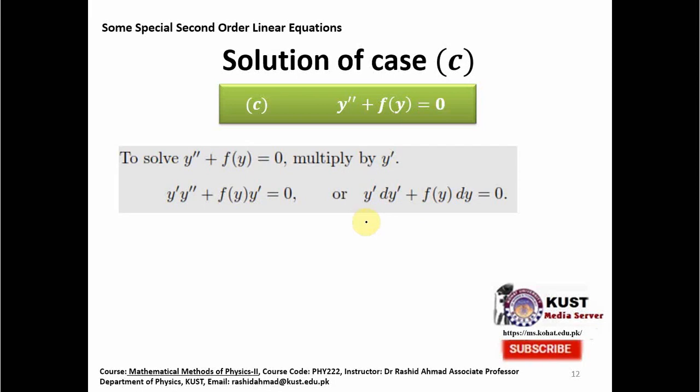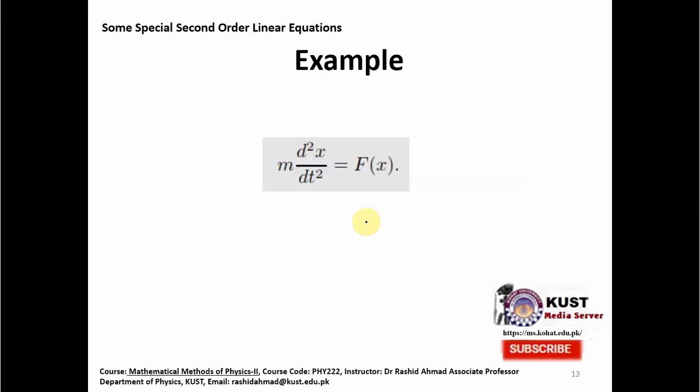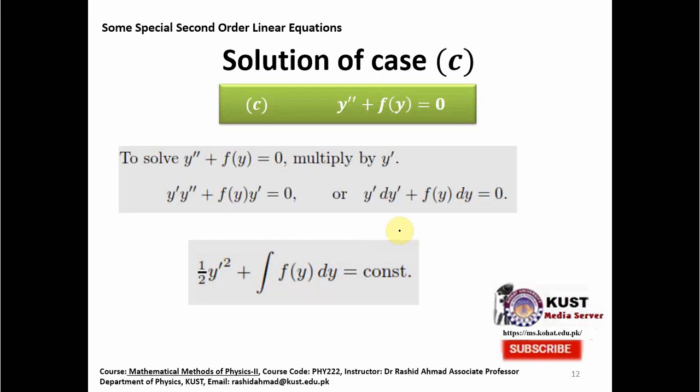So after integrating once, we get the general solution of this equation equal to 1 over 2 y prime square plus the integral of fy, and we get this form.